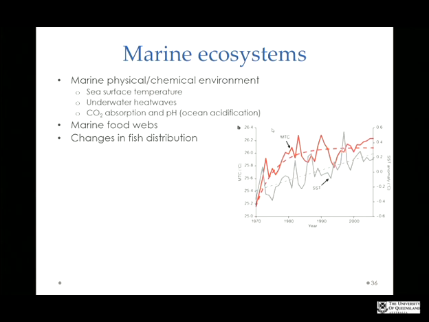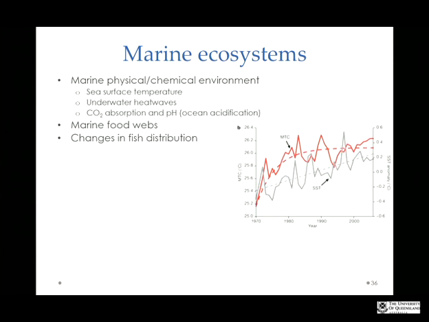So if you remember this graph, it showed the average temperature that a fish survives at in terms of where it's been caught. And so you can see that over time, the fish temperature has gone up. That means that the fish they were originally catching had a temperature of around 25 degrees here, and now they're catching ones that have a temperature of around 26 degrees, where that's their habitat temperature, not the fish's body temperature.